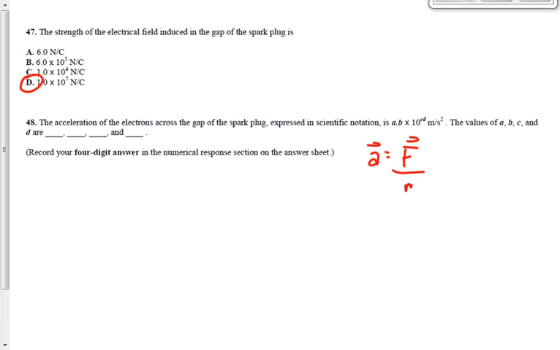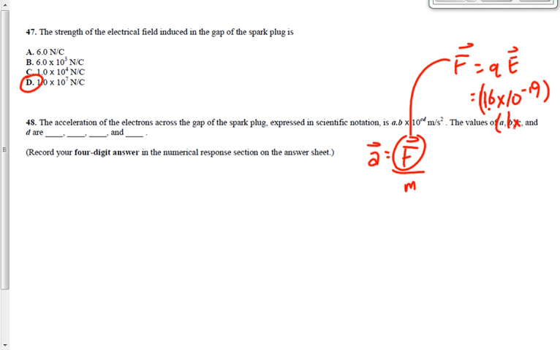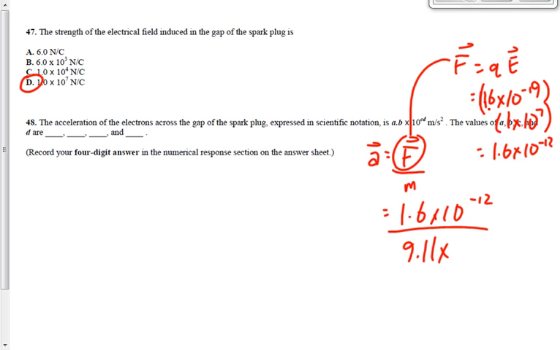But to get the force, we need to use the electric field equation, with the charge of an electron, 1.6 times 10 to the minus 19, and the mass is on your data sheet.